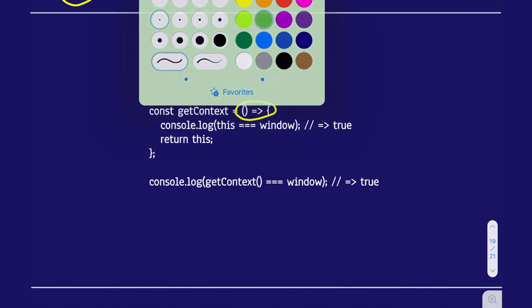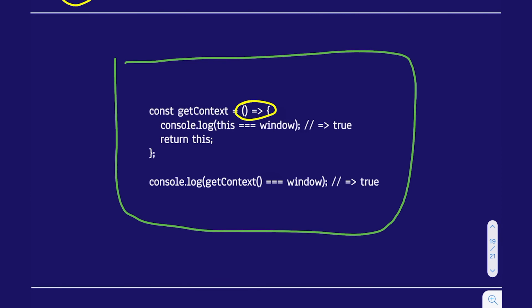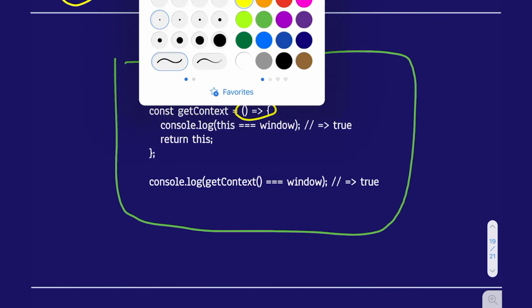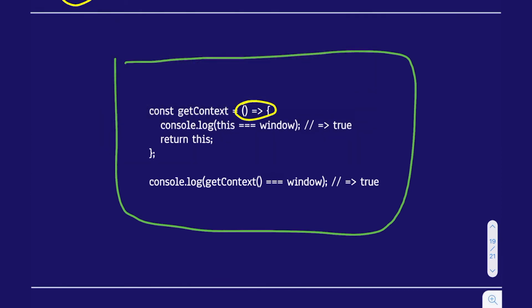It's all inside of the global this scope. And then let's say you return this and then you called it. This equals window would be true. And it has to do with that scope. This is just something tricky that you kind of have to remember.